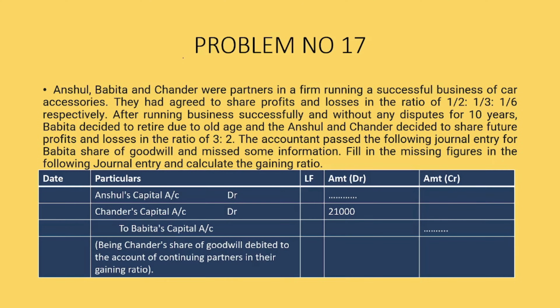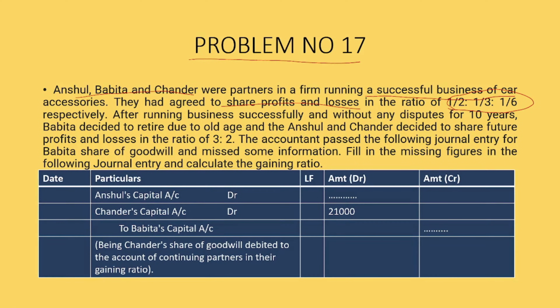Begin with problem number 17. Anshul, Babita, and Chandir are the 3 partners in a firm running a successful business of car accessories. They had agreed to share profits and losses in the ratio 1 by 2, 1 by 3, and 1 by 6, respectively.